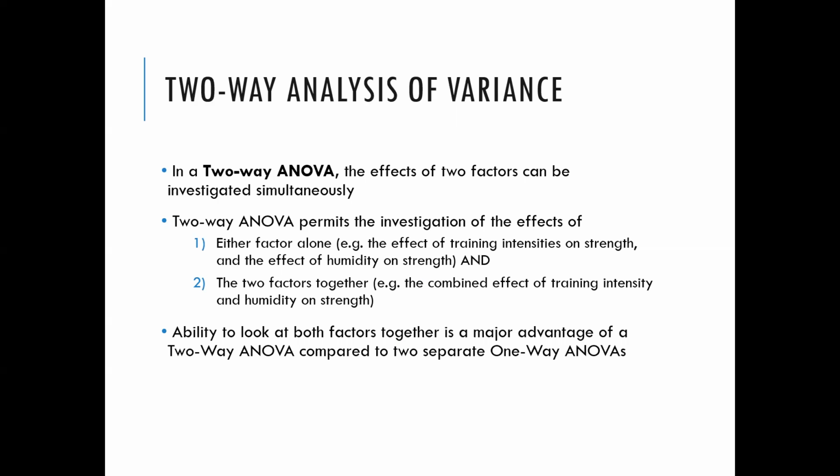In another example, we might be interested in the effect of training intensities on strength and the effect of humidity on strength. And we can also look at the 2 factors together, so the combined effect of training intensity and humidity on strength. This ability to look at factors together is a major advantage of a two-way ANOVA compared to having to conduct 2 separate one-way ANOVAs.